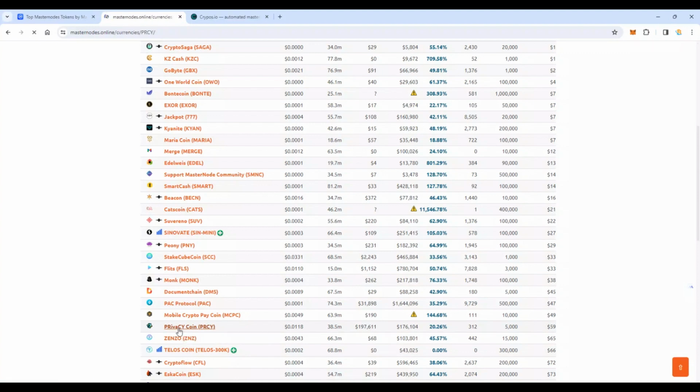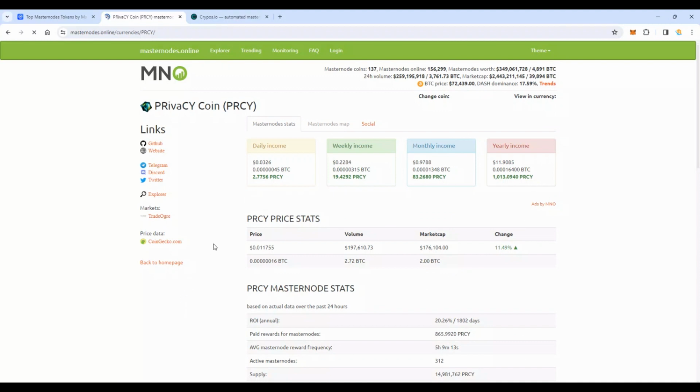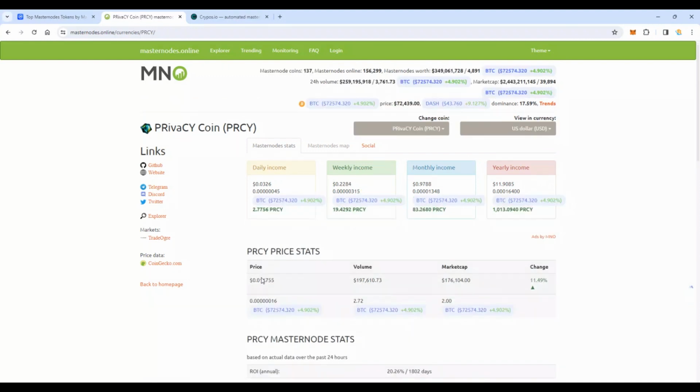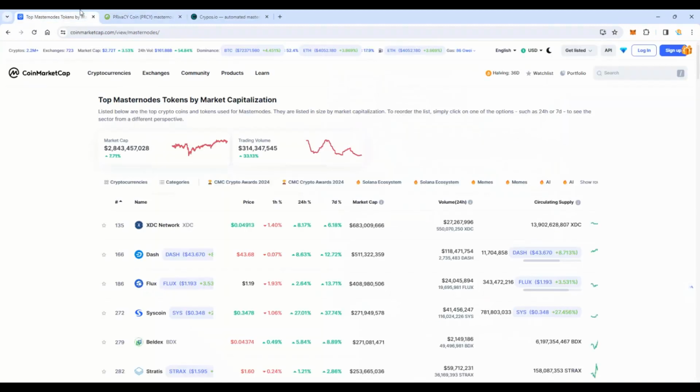Let's see some stats about this. So the price is 0.1, the volume is 197, and the market cap is only $176,000. That is so little. $176,000. And how old is the project?